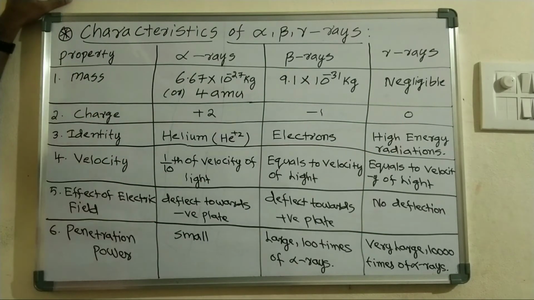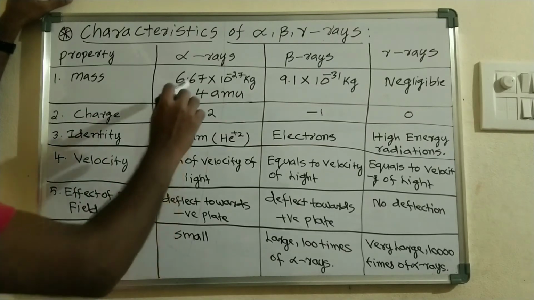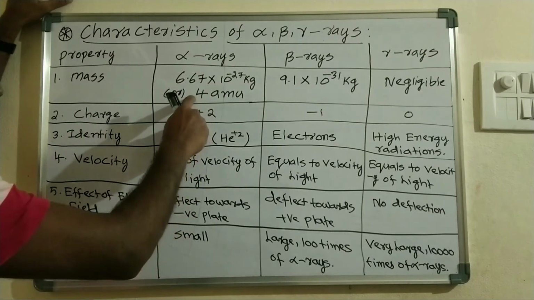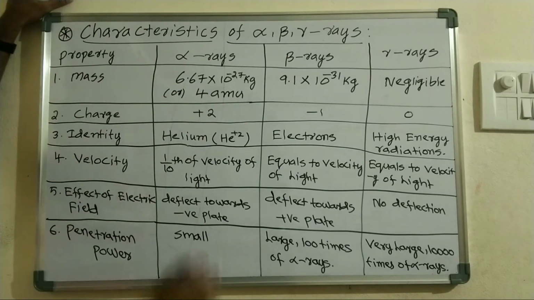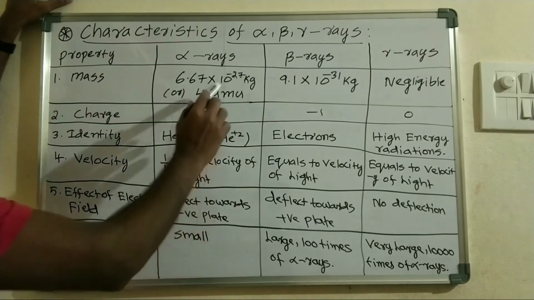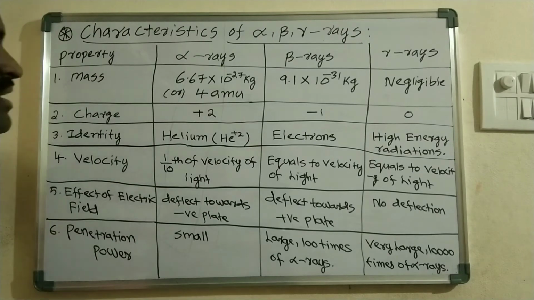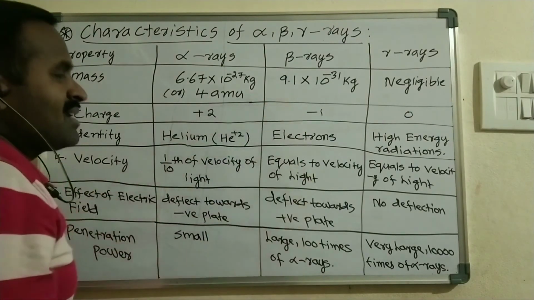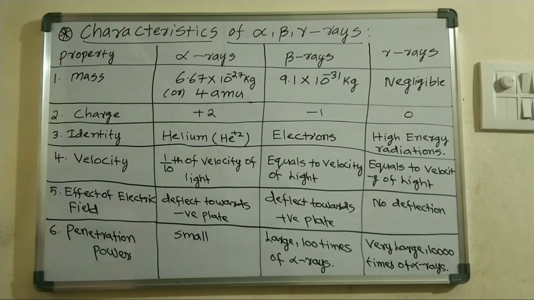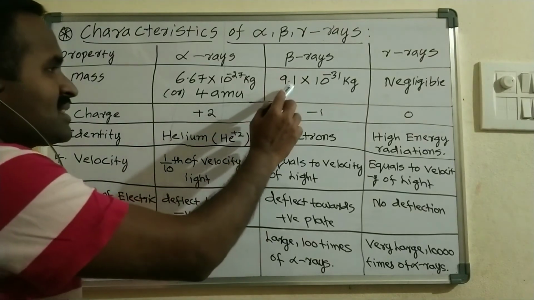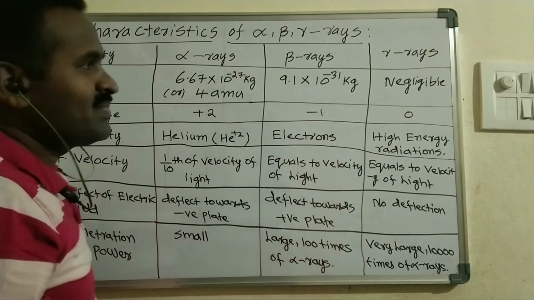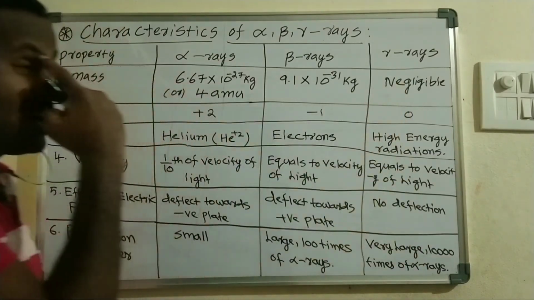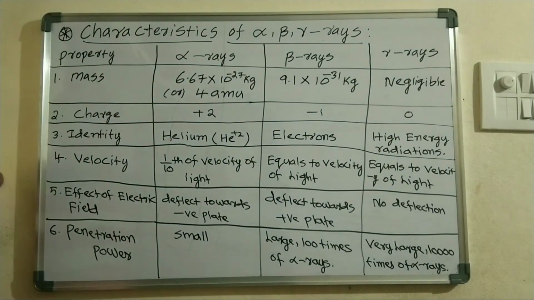First, the mass. Alpha rays have nearly 4 atomic mass units, or in kilograms 6.67 into 10 power minus 27. The mass of beta rays equals that of electrons, 9.1 into 10 power minus 31 kg, whereas the mass of gamma rays is negligible, right?